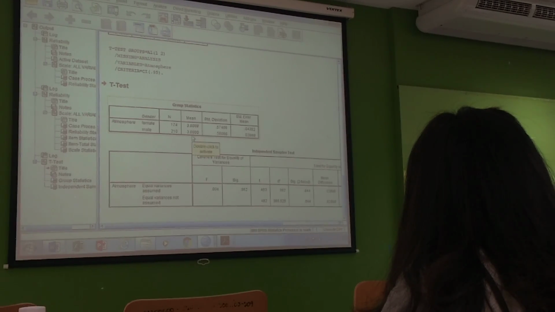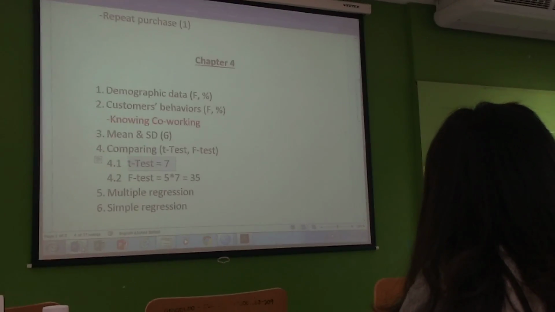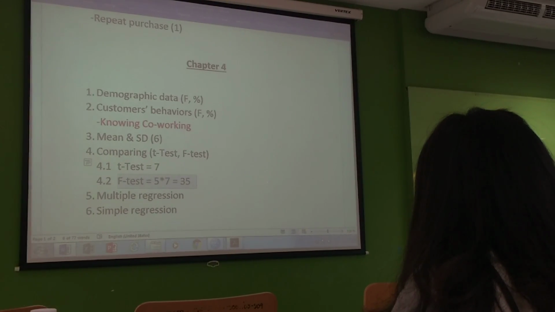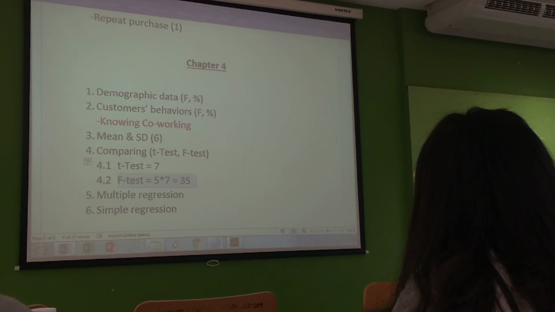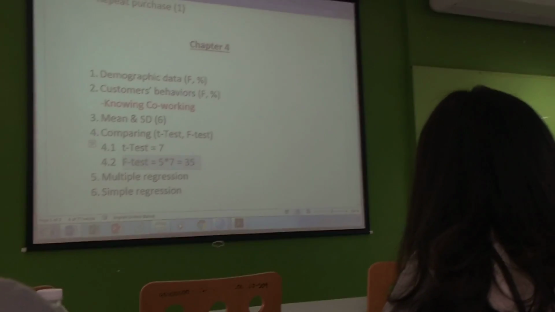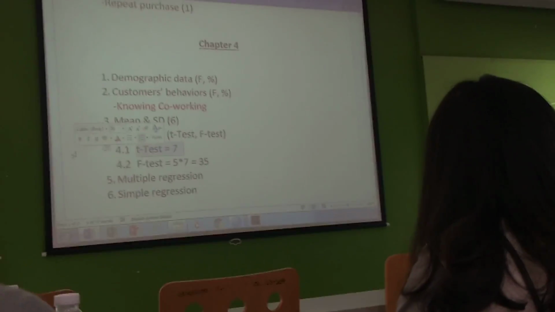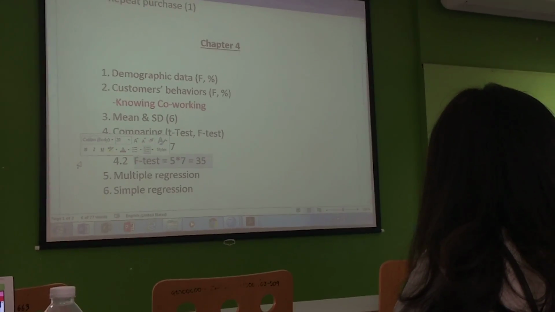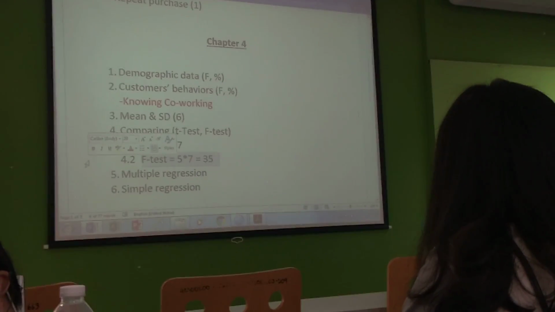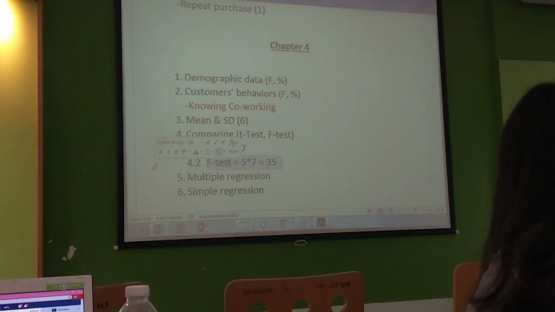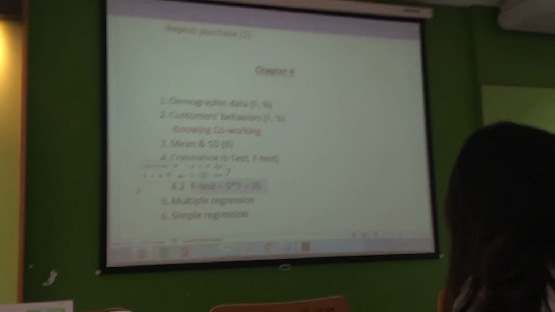Okay. Now I am going to move on to this one. This one we comparing how many means? This one we comparing 2 means, right? This one we comparing how many means? 3 means or more. 3 or more. Or you could say more than 2 means.